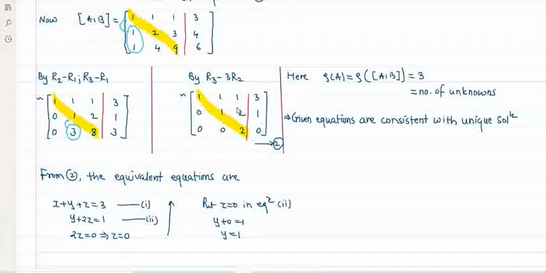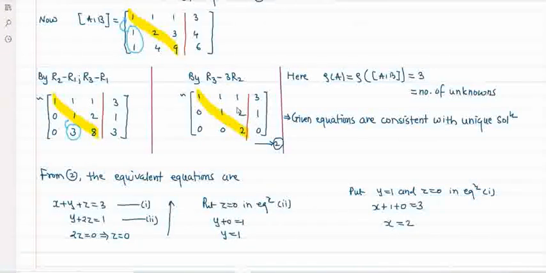Next, put y equal to 1 and z equal to 0 in equation 1. That is x plus 1 plus 0 equal to 3. So x equals 2. Now the solution: z is equal to 0, y is equal to 1 by back substitution, and x is equal to 2.